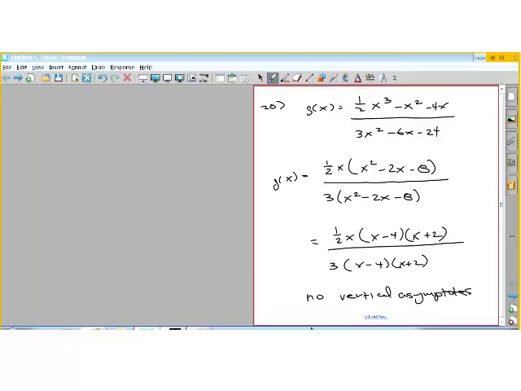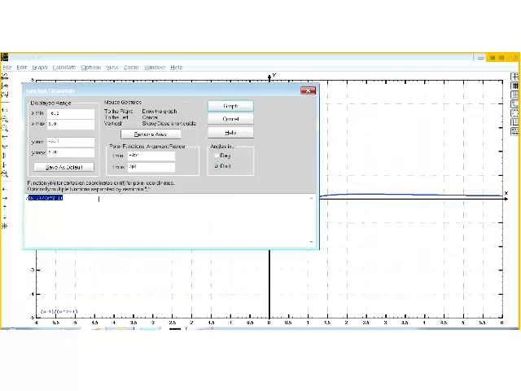And we can always go back to the graphing program just to make sure we did it correctly. So let's do that. Let's put it in here. The equation was 0.5 times the quantity x cubed minus x squared minus 4x, the whole thing divided by 3x squared minus 6x minus 24, close parentheses.